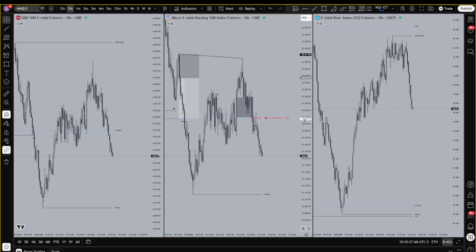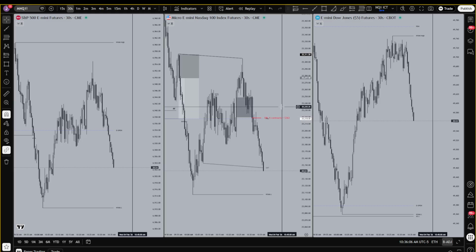My internet must be bugging, charts going in and out. Yeah, we're displacing to this near game low.